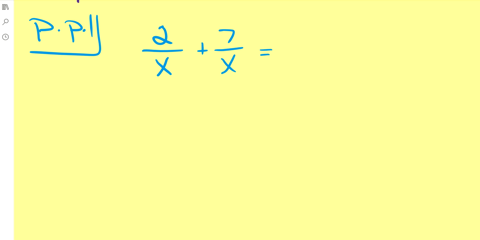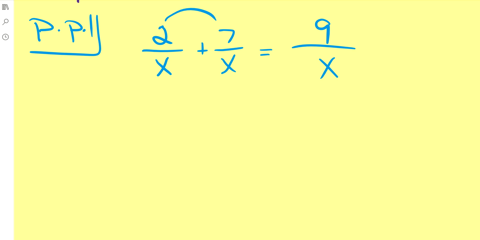Then it's a matter of just adding the two numerators. Here, the denominators are already the same, so we just carry that over to the right side. And then we simply add the numerators. 2 plus 7 is 9, so I got 9 over x.